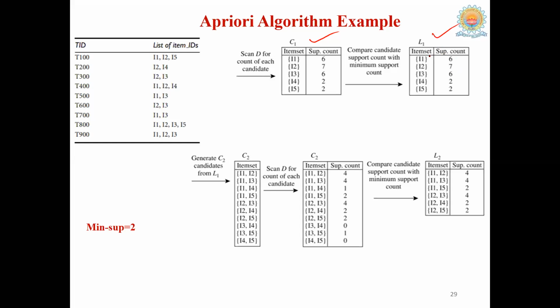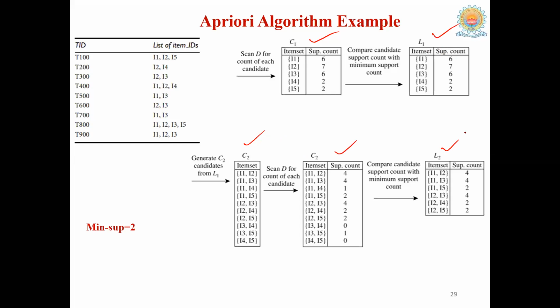And after that, by applying the join step on L1, we can generate the candidate two item sets. And from those candidate two item sets, again we need to scan the database to find all their supports. And again you go for the minimum support count, and you filter out all the infrequent item sets, which results in L2.